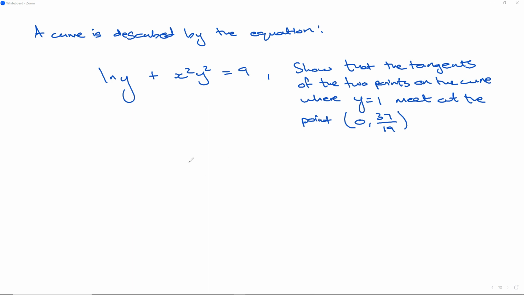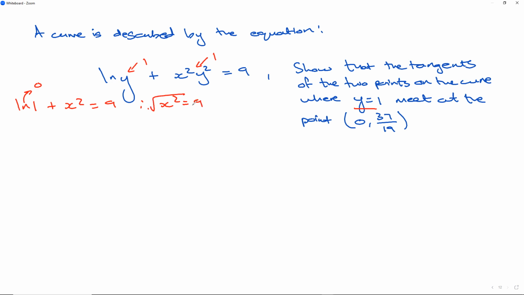All right, so for this one here, the first thing we know is that if y is equal to 1 and I substitute it in there, it will produce ln 1 plus x squared equals 9. And then therefore, I can say x squared is equal to, now we know ln 1 is 0, so x squared will equal 9.